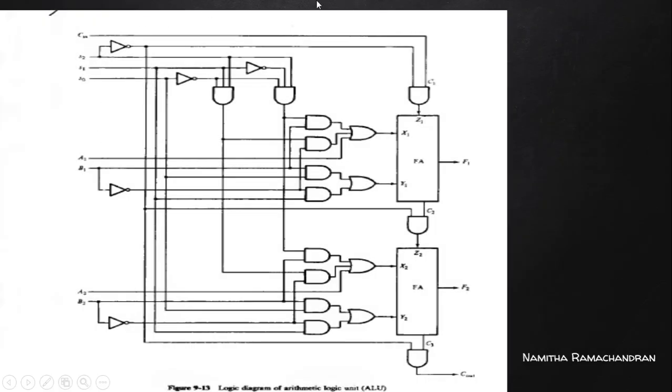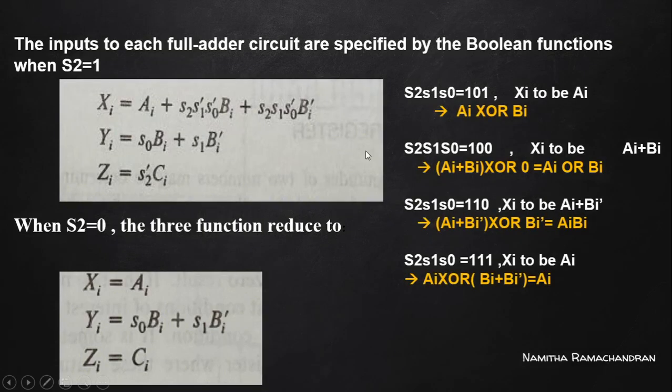Okay, so consider the diagram based on the previous expression. Xi, these are 2-bit ALU, arithmetic and logic circuit, with Xi and Yi inputs connected, right, based on this expression.